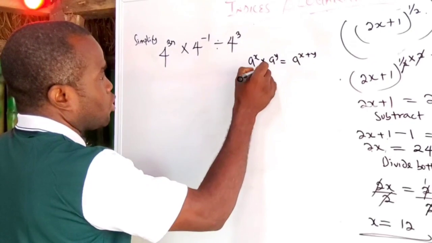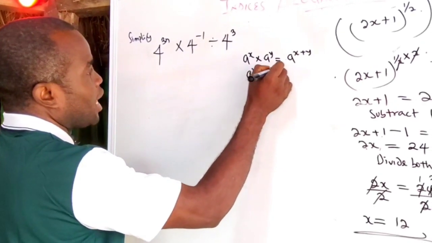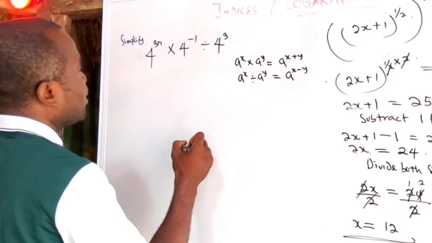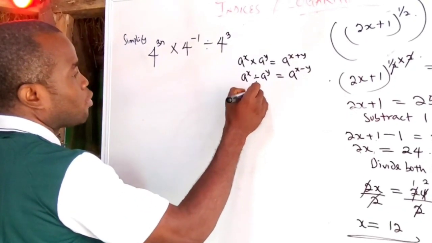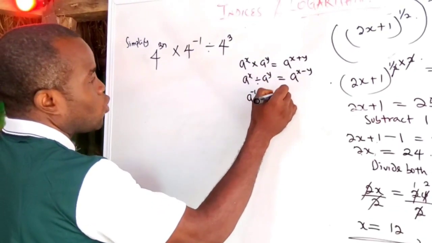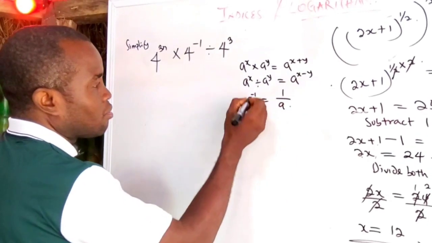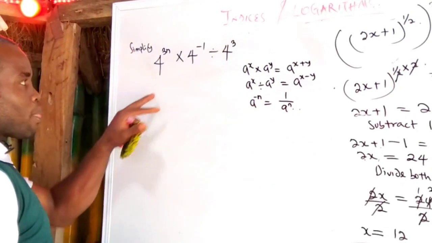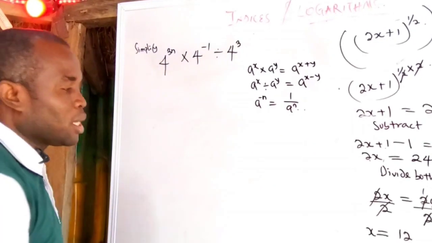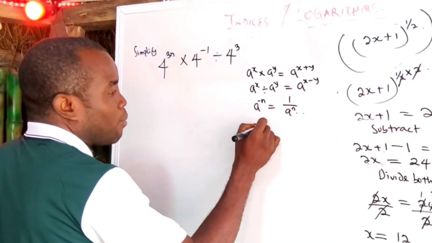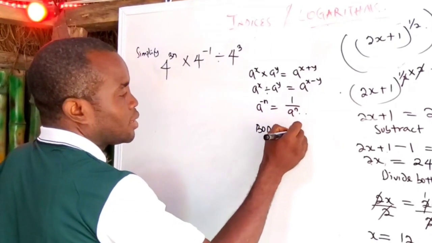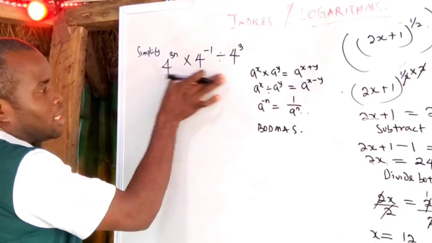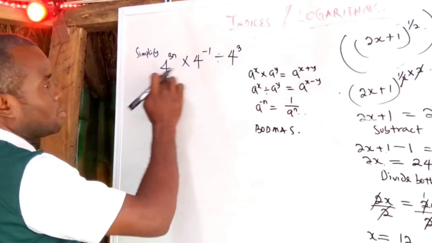If you have a raised to power x divided by a raised to power y, it is the same thing as a raised to power x minus y. If you have a raised to power minus n, it is the same thing as 1 over a raised to power n. But we also have to check something using BODMAS: division comes before multiplication. So just apply all these laws together here.